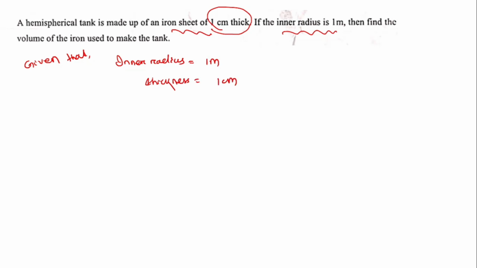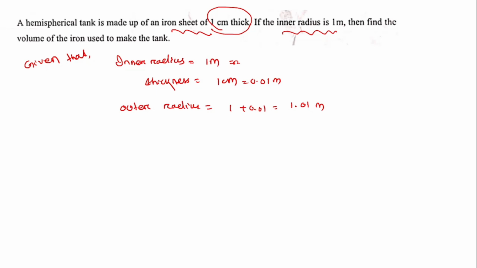So here the units are different, so convert into the same unit, that is 0.01 meter. Now tell me what is the outer radius. So find out the outer radius: inner radius plus thickness, that is 1 meter plus 0.01, that is 1.01 meter.